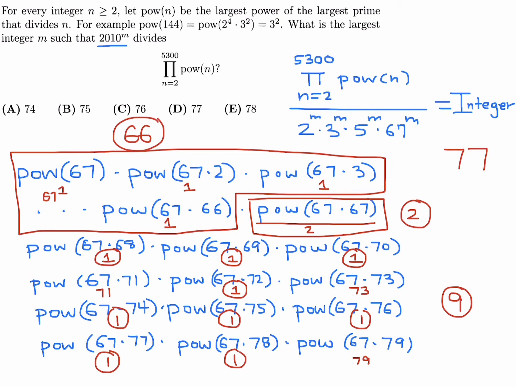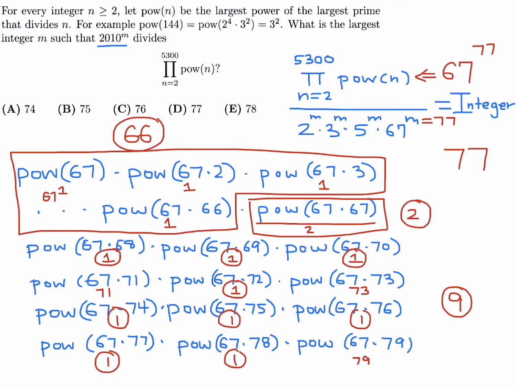That is going to be, up here, if you did this whole thing, it would be 67 to the power of 77. And therefore, the largest possible m in the denominator is 77. Because if it's anything greater than 77, this will not be an integer.